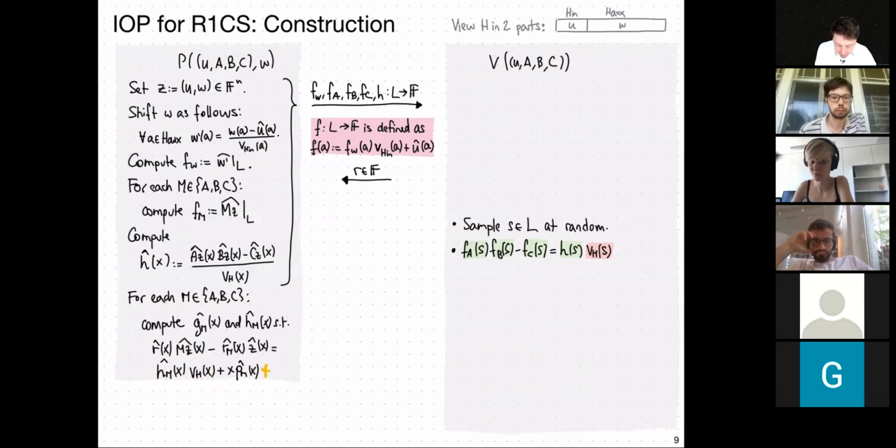And notice here, gamma over H doesn't appear because gamma is 0. Okay, we are asking that the sum is 0.